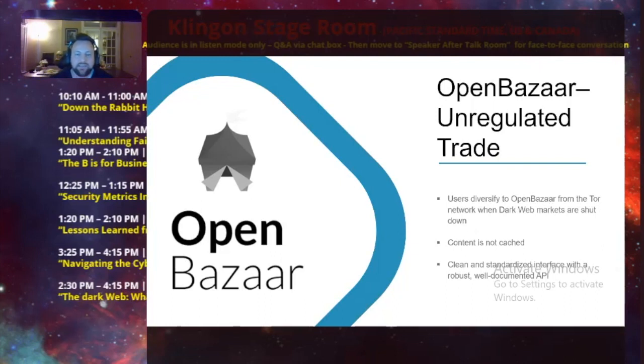They had a very clean, standardized, and robust API interface that allowed us to very quickly write our own search engines, find different resources, very quickly find things within this environment, which is vastly different from Tor and I2p, which is difficult to scrape and difficult to curate a list of open resources.